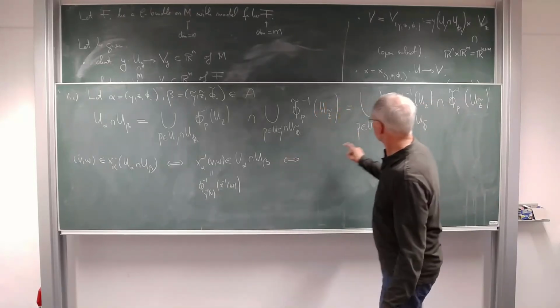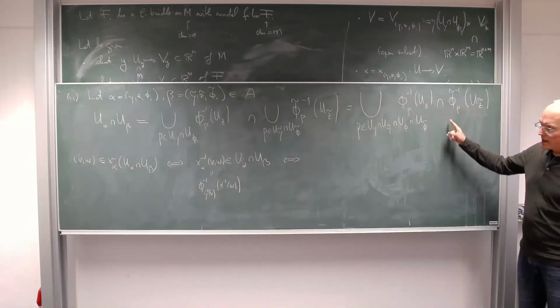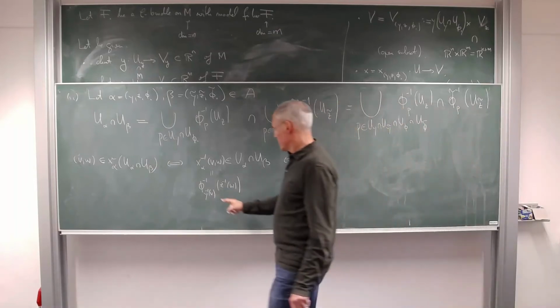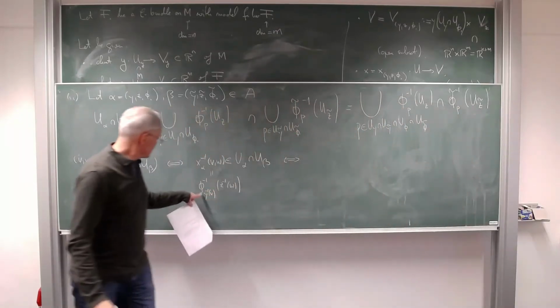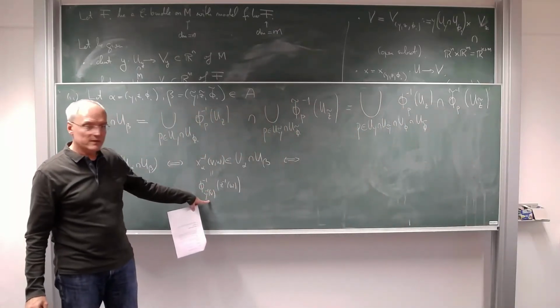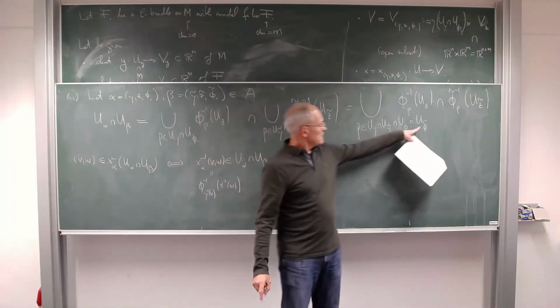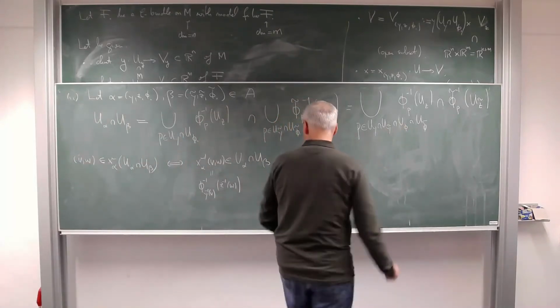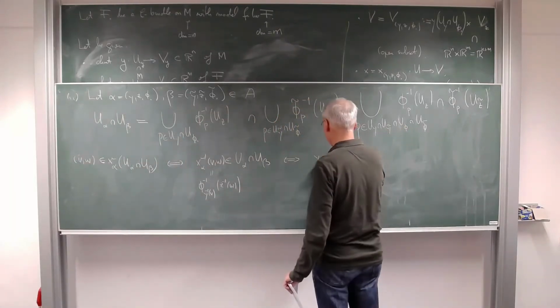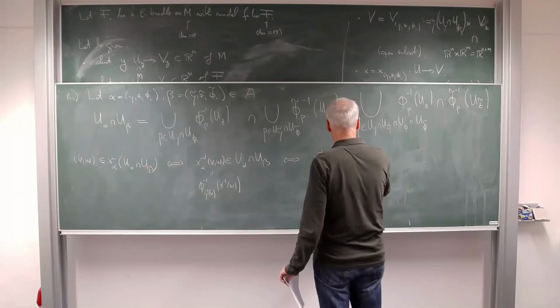Now let's take a look at the set. So first of all, this point here, y to the minus 1 of v, must be an element of this fourfold intersection. So that's the first condition. That's my p then.